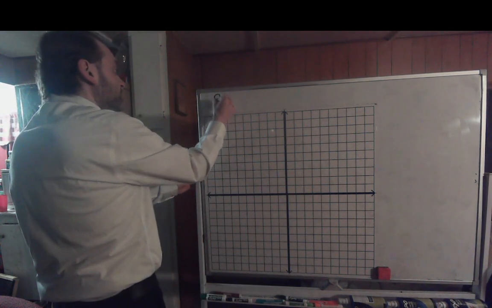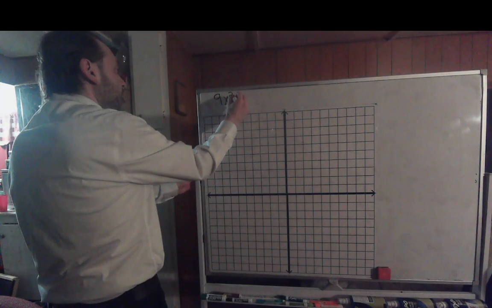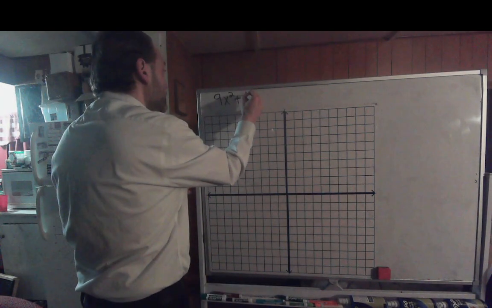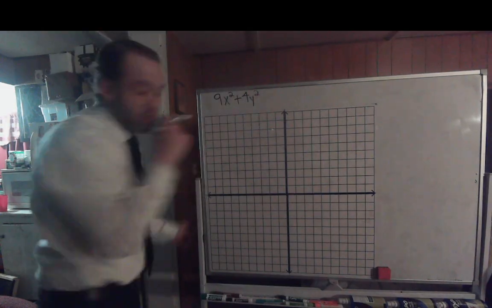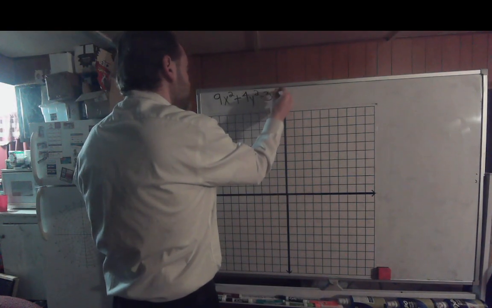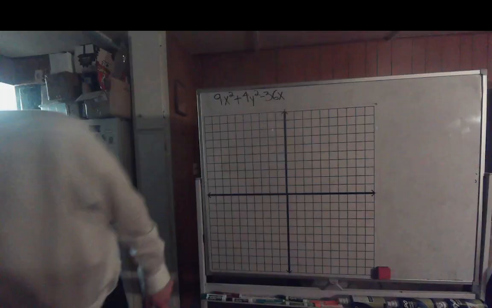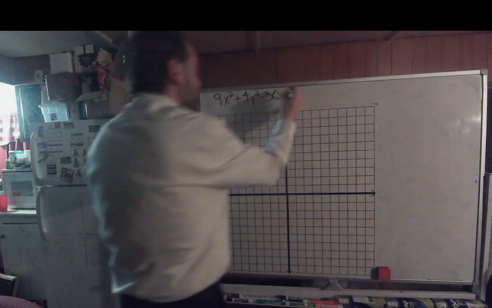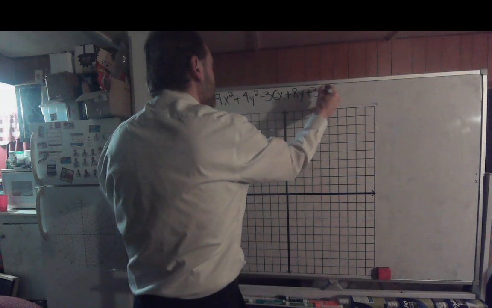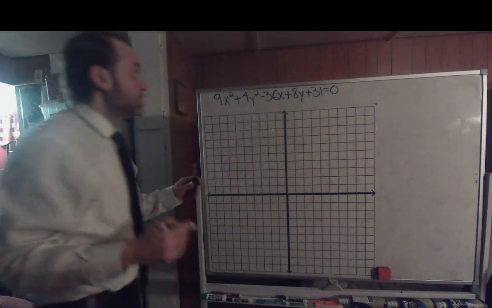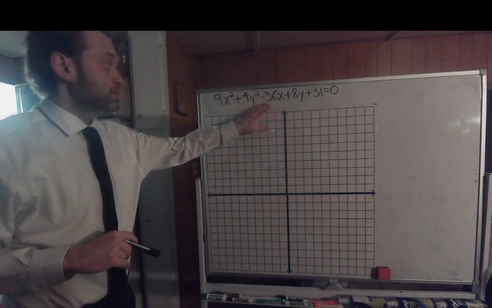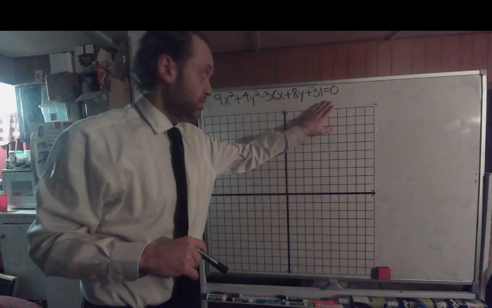I'm going to move this over here. So we have 9x squared plus 4y squared minus 36x plus 8y plus 31 equals 0. Alright, so 9x squared plus 4y squared minus 36x plus 8y plus 31 equals 0.